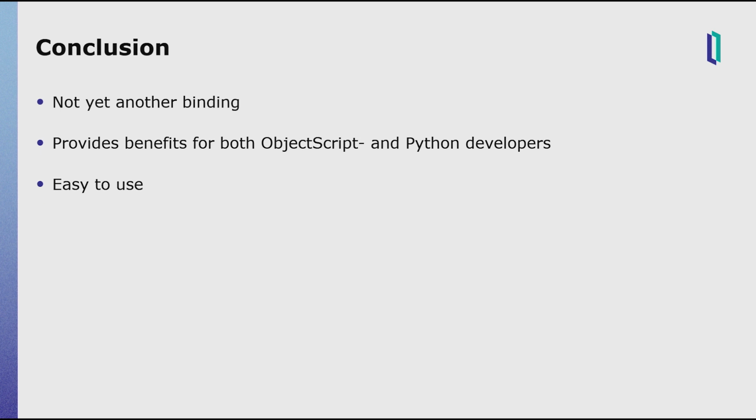It's easy to use, as you saw. You import a Python library and then you can use it from ObjectScript, or you import the Iris module in your Python environment and then you can use InterSystems Iris from Python. And it integrates seamlessly with InterSystems Iris.